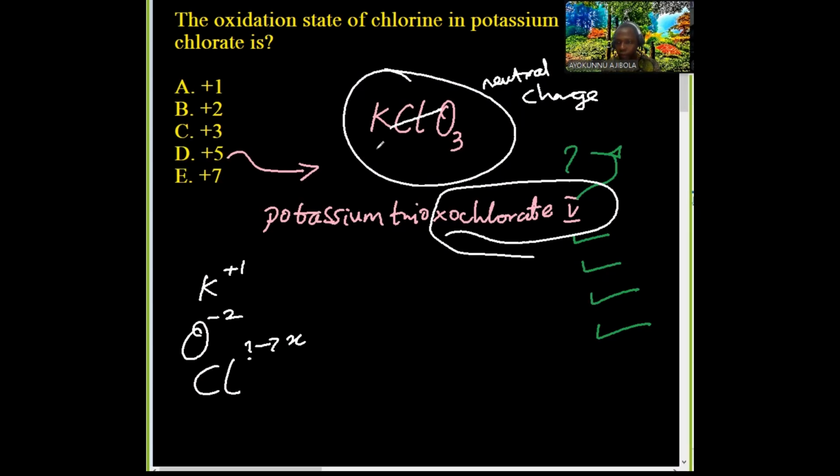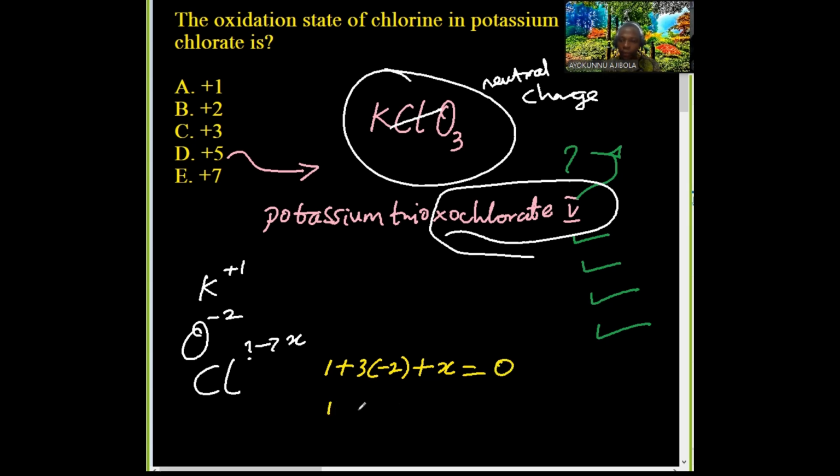Potassium is only positive 1, there are 3 oxygen of negative 2, plus the chlorine, which is only 1, must give us 0.